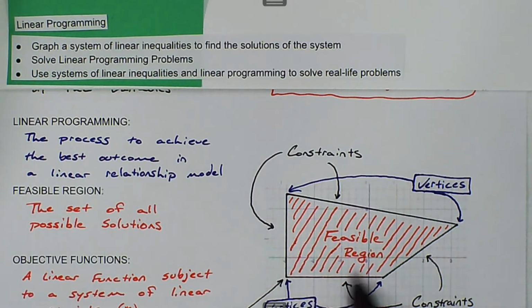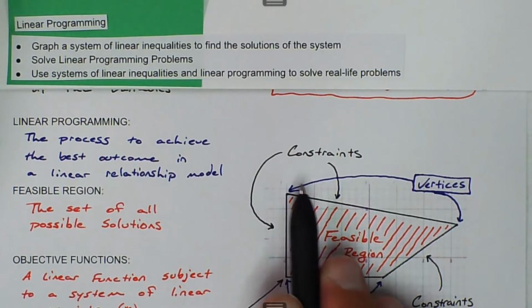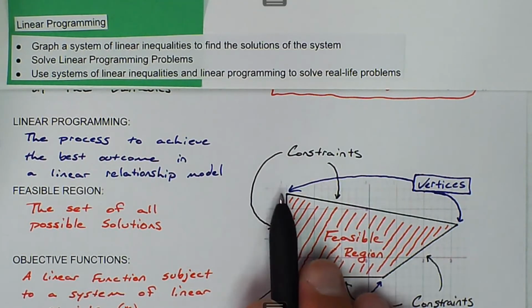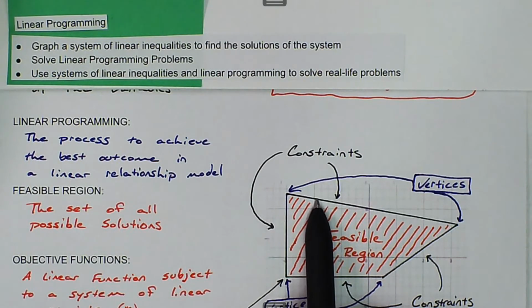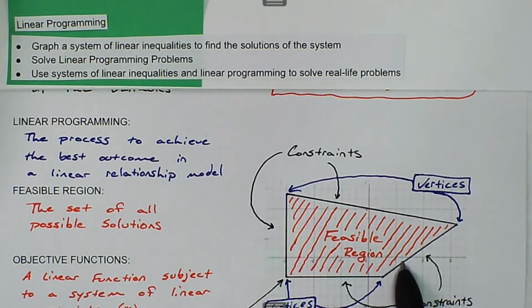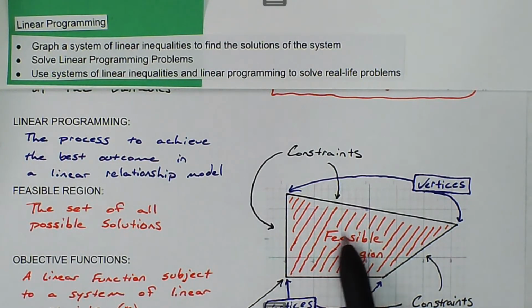For example, this is -1, -2, -3, so this would be x is greater than -3. So we wouldn't be able to shade anything less than -3. And then we have some other linear inequalities that end up forming this feasible region in the middle.